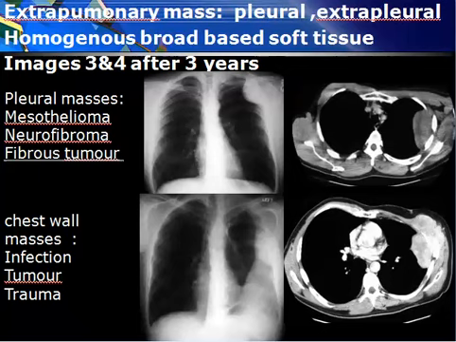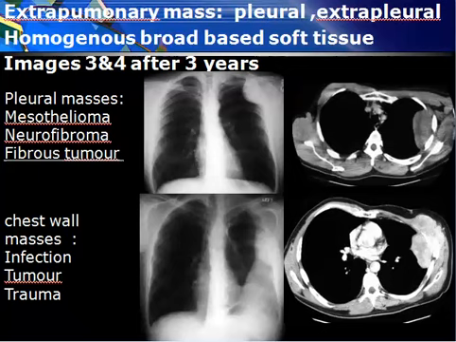Chest wall masses include infection, abscess, tumor, and here we have the benign and the malignant forms, and trauma. And don't forget that in trauma there is something called flail chest, and if the 10th, 11th, and 12th ribs are involved, please search for liver and splenic injury.